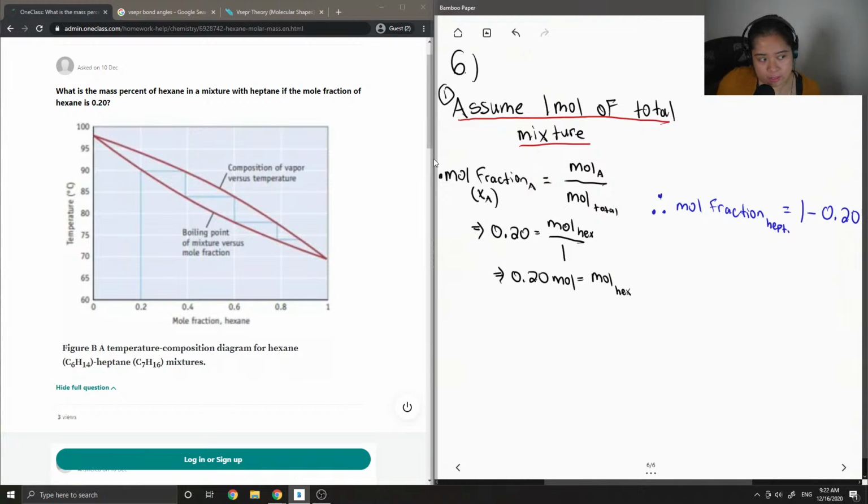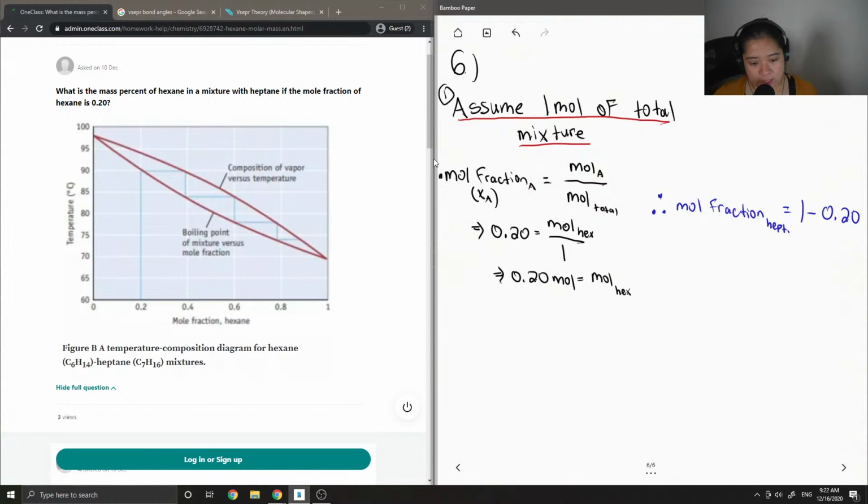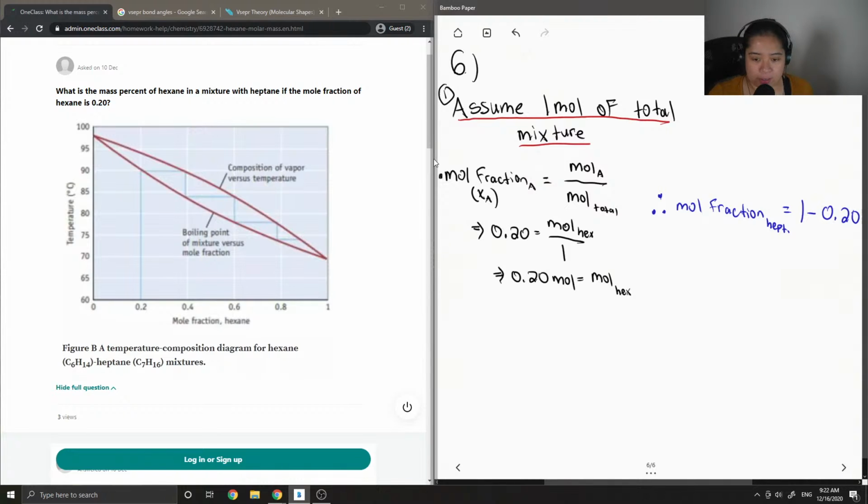Since we know that this mixture only contains hexane and heptane, if 0.2 of 1 mole of the total mixture is hexane, then we know the remaining 0.8 will be heptane. And since we know the mole fraction, we can also just write that the moles of heptane is 0.8 moles.